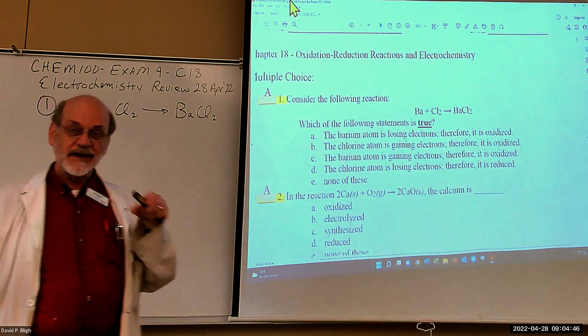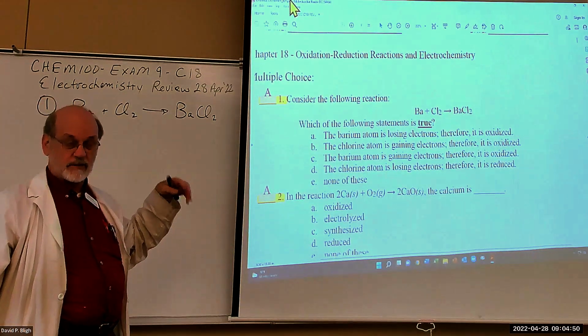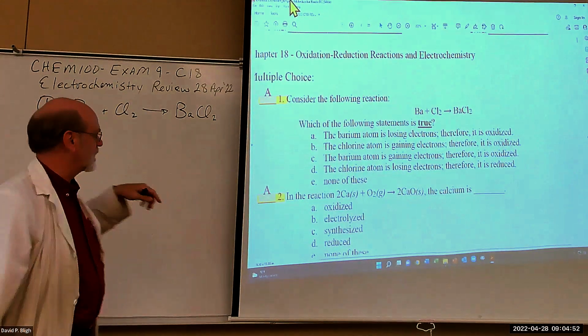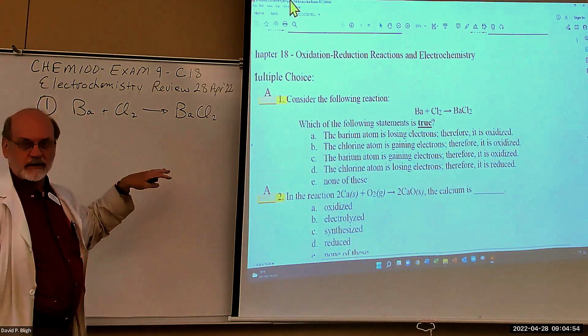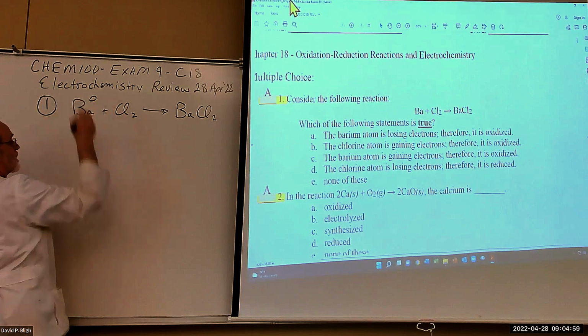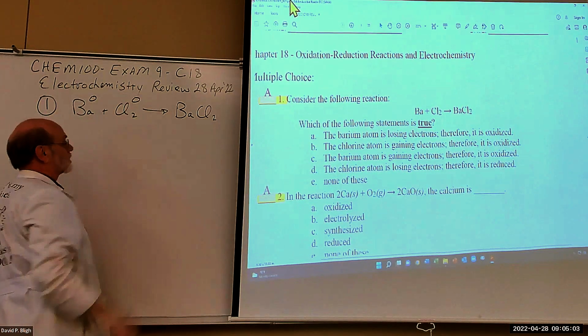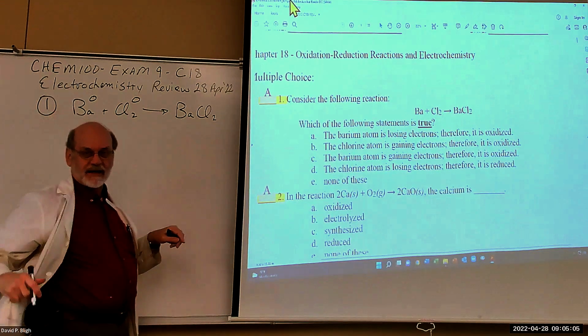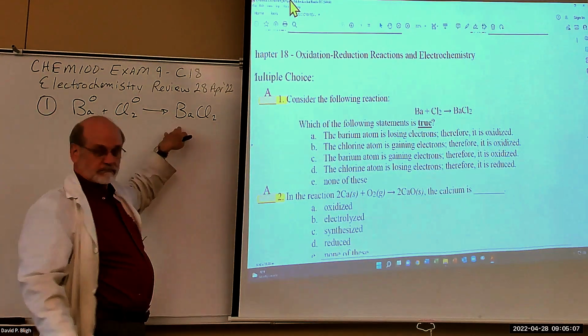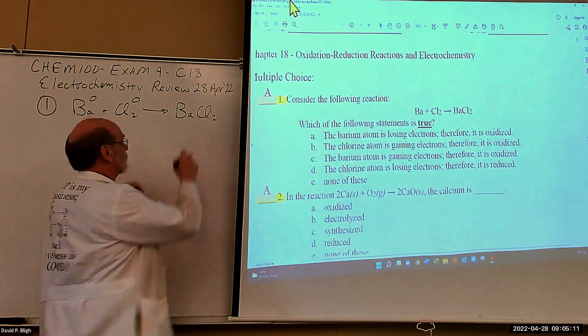Okay, so we're going to look at the electron flow. Before we look at the rest of the answers, we probably should take a look at where the electrons are going. So remember that this one is 0 oxidation state, and this one is 0 oxidation state. And we just gave the oxidation states from their position in the periodic table.